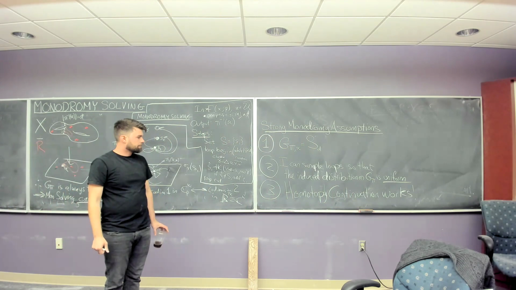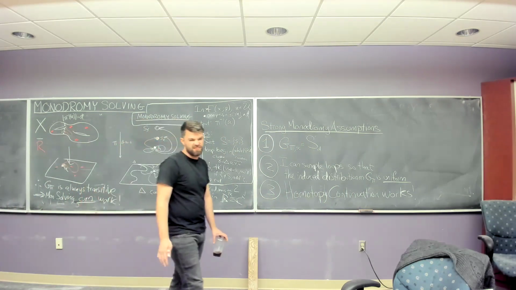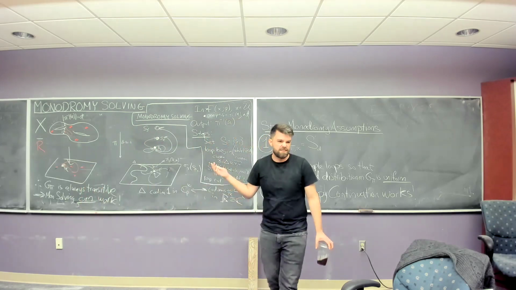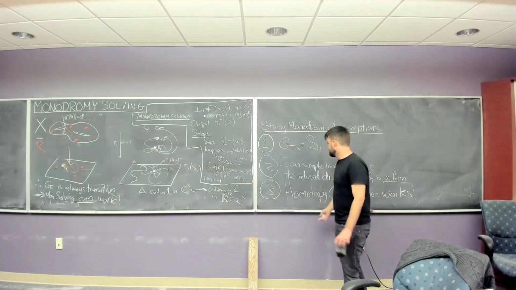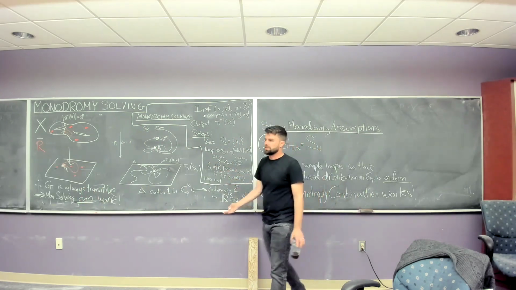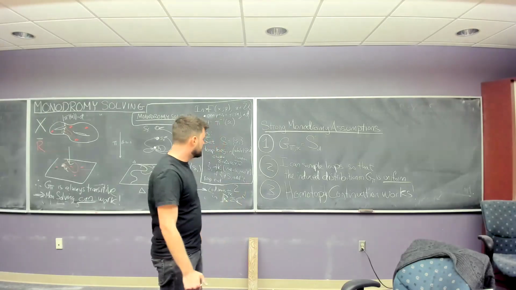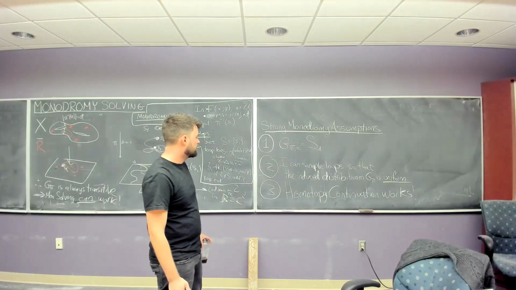In other words, if all this homotopy continuation stuff that you're taking this class on is really just gobbledygook and only works half the time, then I'm really not evaluating these monodromy permutations with any reliability. So I really want homotopy continuation to work.